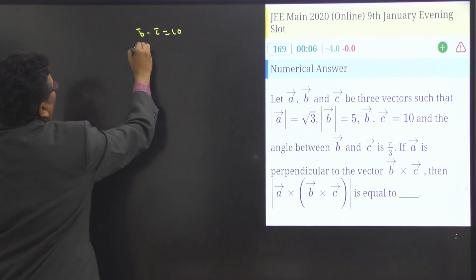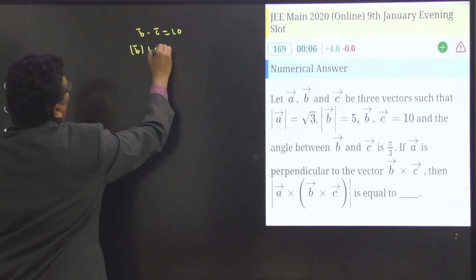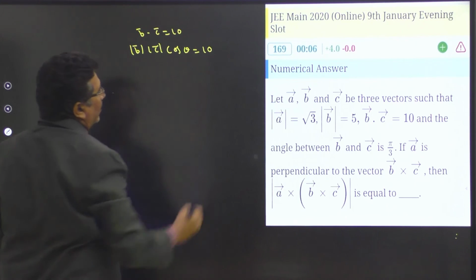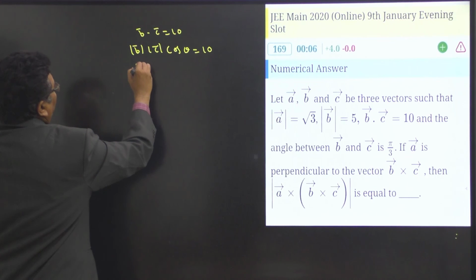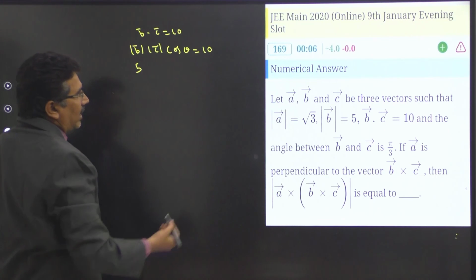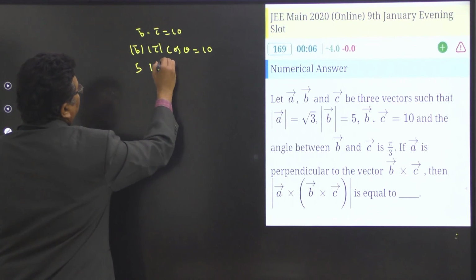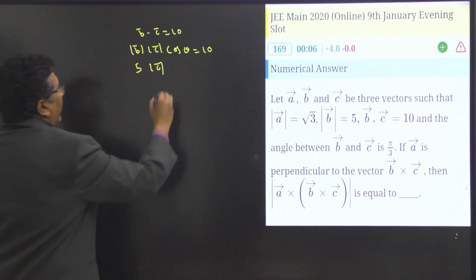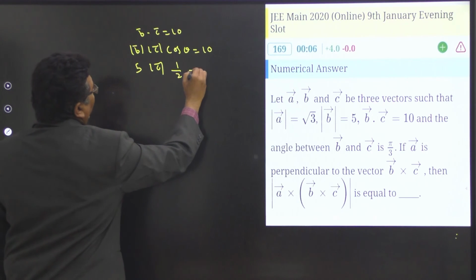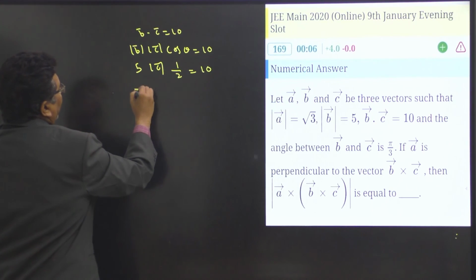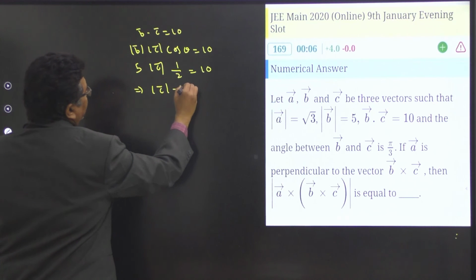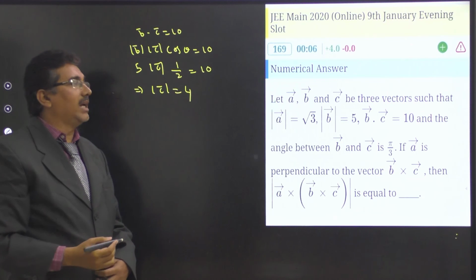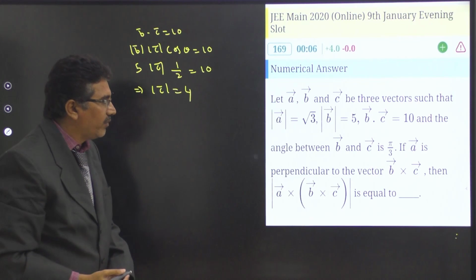B bar dot C bar is equal to mod B bar into mod C bar into cos theta is equal to 10, given mod B bar is equal to 5. Now mod C bar is not given, simply mod C bar, cos of theta, theta is pi by 3, that is 1 by 2, equal to 10. That implies mod C bar is equal to 4. Right, from the given relation we get mod C bar is equal to 4.